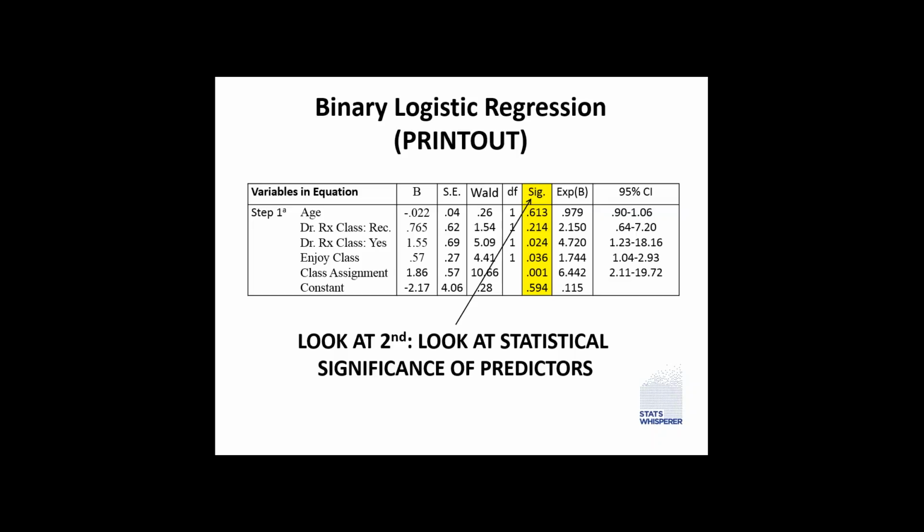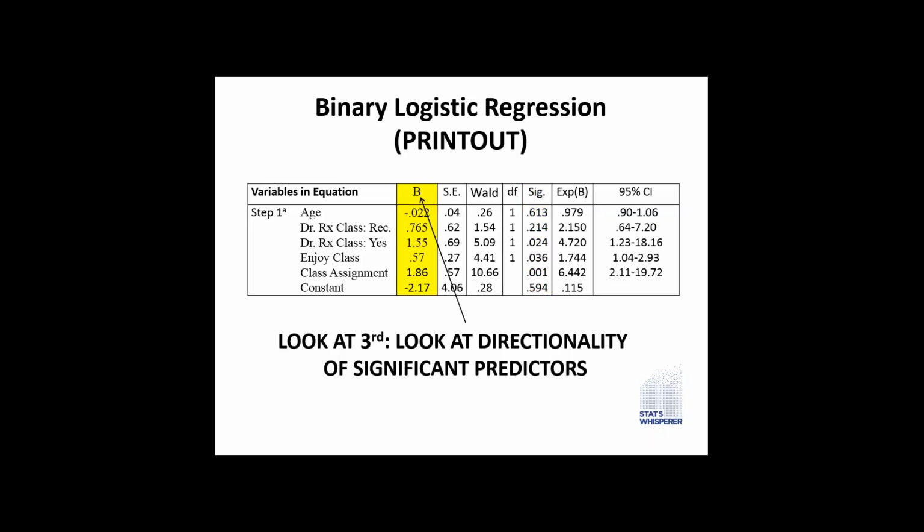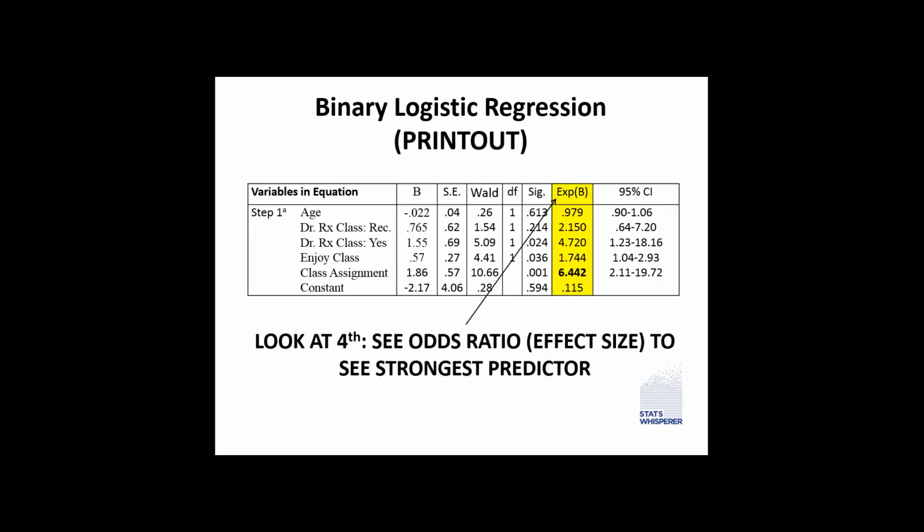You could see the bottom 3 predictors, right? Diagnosis, yes. Enjoy class and class assignment are still the statistically significant predictors of the dependent variable. Look at the beta, so we can see directionality. They're all positive, just like before, positively related.